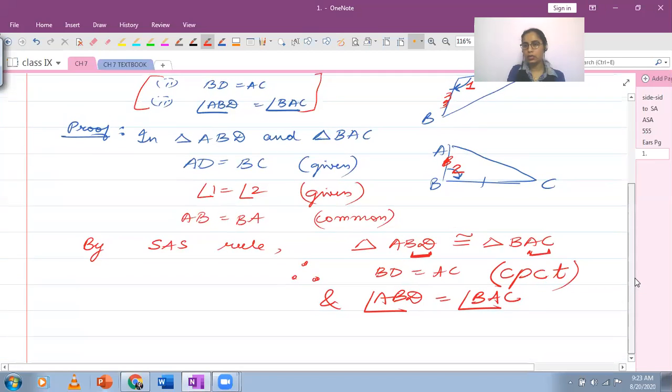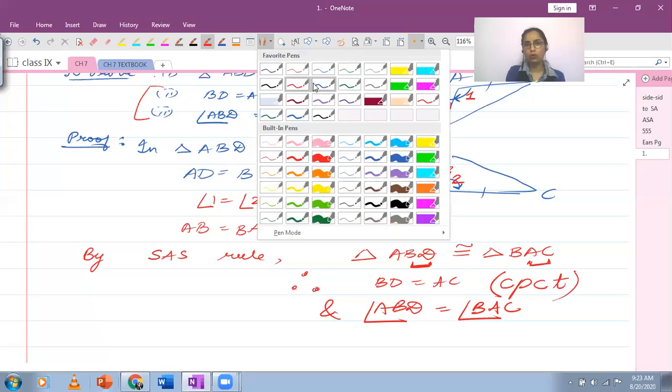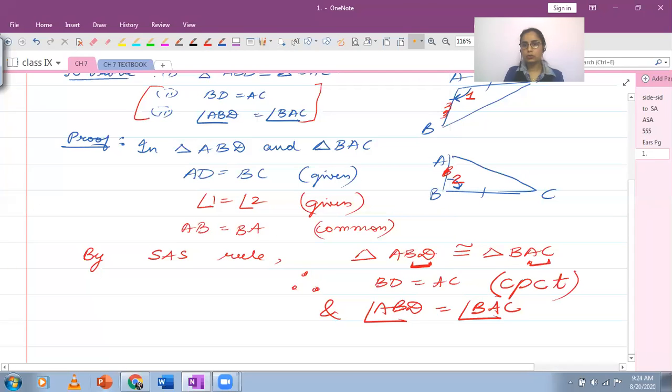And if we look in the figure, these are also the parts of the triangles which are congruent right now. So ABD is this angle over here, and it is equal to angle BAC, this angle.